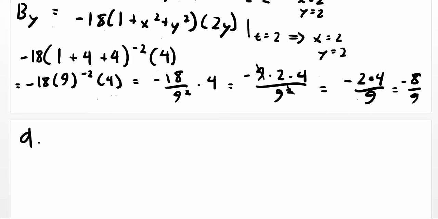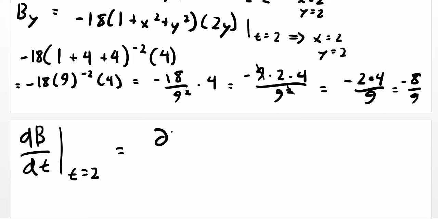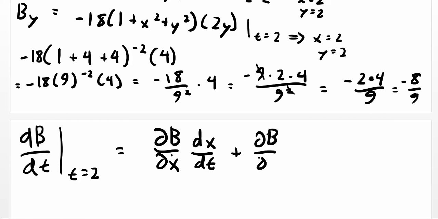So dB dt evaluated at time equals 2 is, again, partial b, partial x times dx dt plus partial b with respect to y times dy dt.